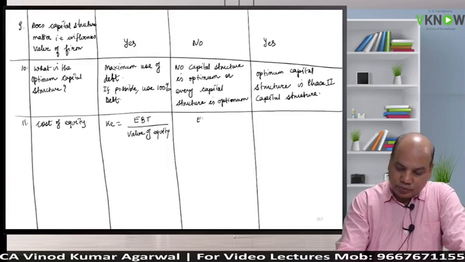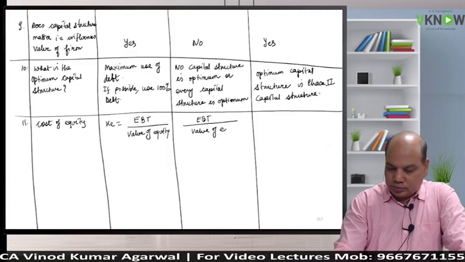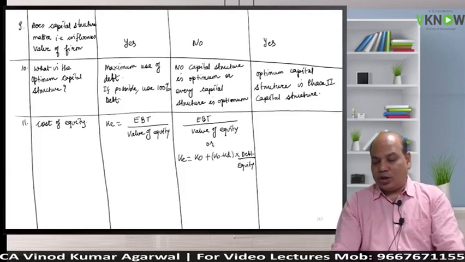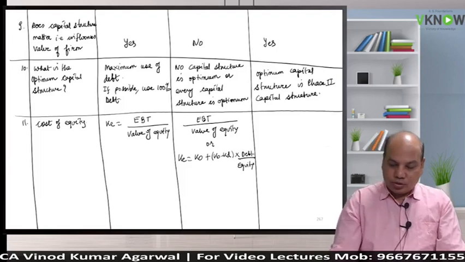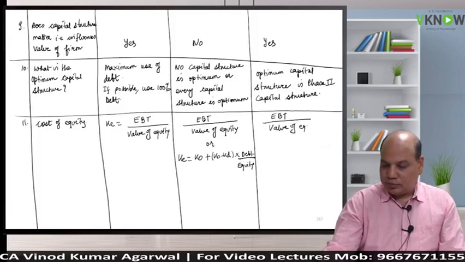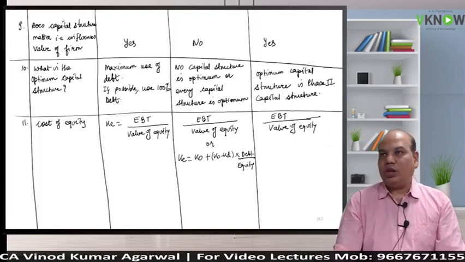Here, EBT upon value of equity, or KE is equal to KO plus (KO minus KD) into debt upon equity. This is the Modigliani-Miller formula. In the last column also the same thing, EBT upon value of equity.